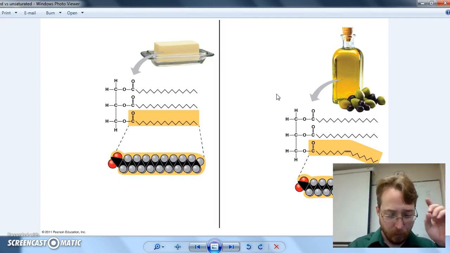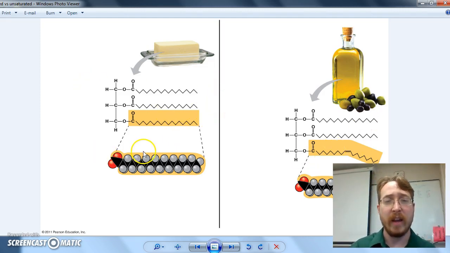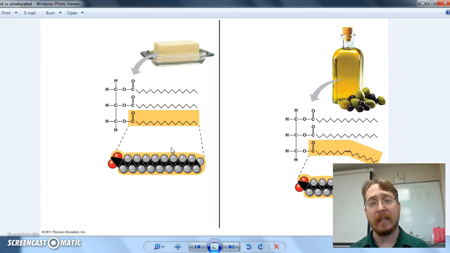And in these fatty acids, these hydrocarbon chains, there are 2 different varieties. There are saturated fatty acids and unsaturated fatty acids. The saturated fatty acids have this shape. Their chains are long and straight, and they tend to be solid at room temperature because they can stack and maintain a stable structure as the molecules layer on top of each other.